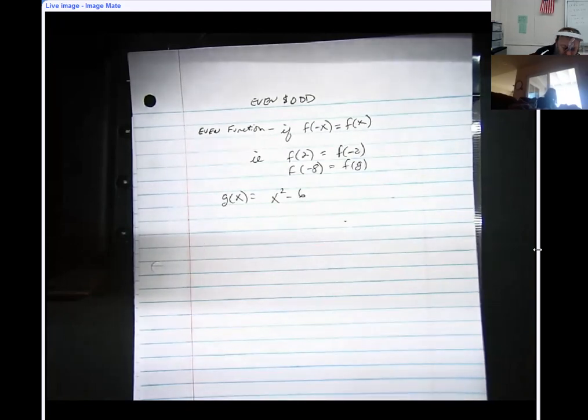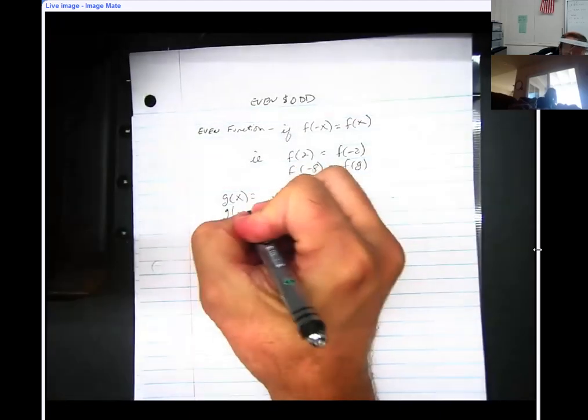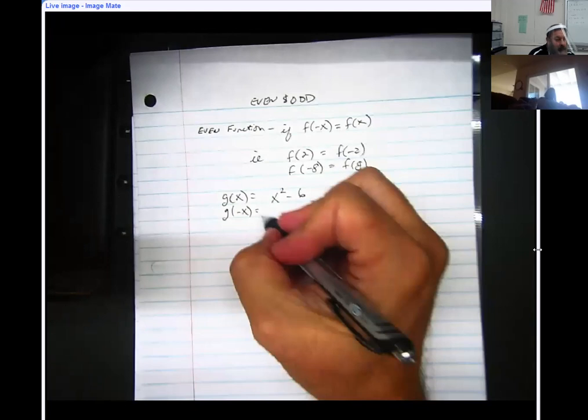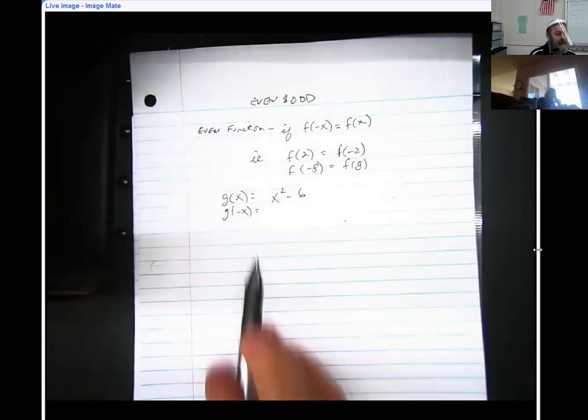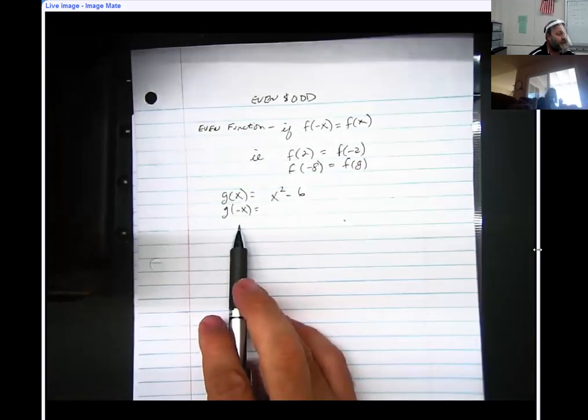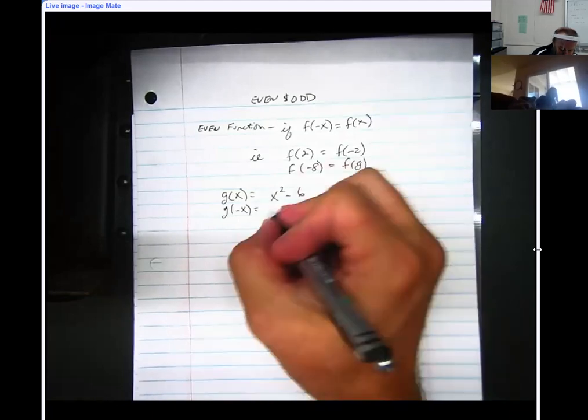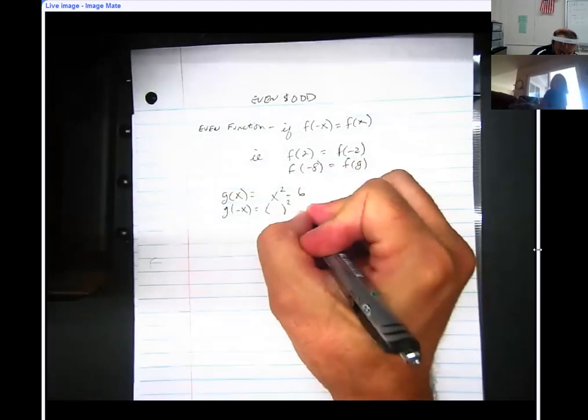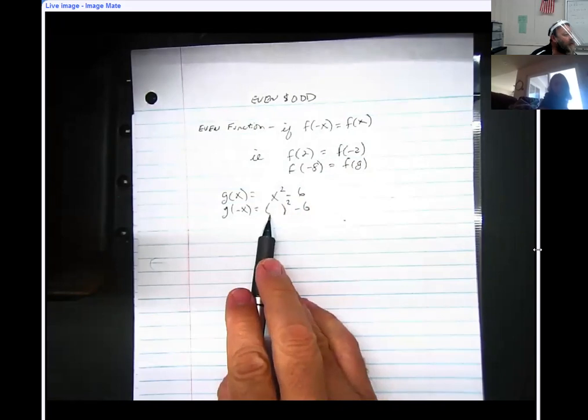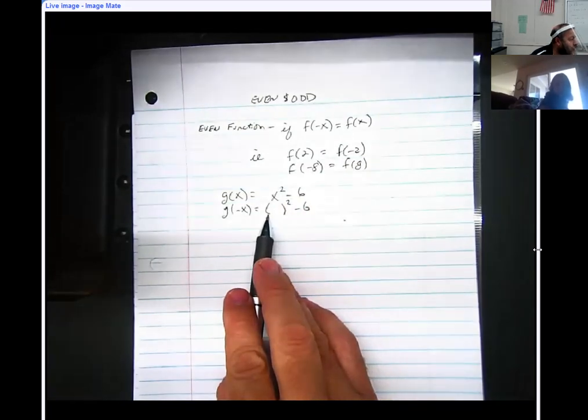But to prove it, and this is what I need to see in your work today, you write g of negative x, which means, back from Algebra 2, remember how you did this little composite notation? This would say literally replace the x that you have with what? What should go in that hole? Negative x.